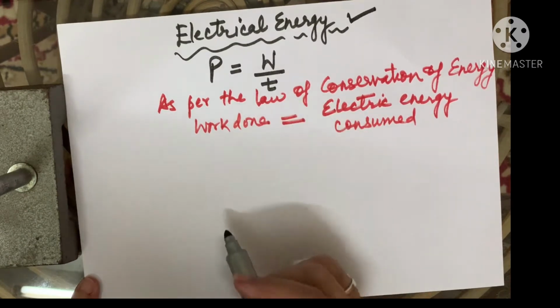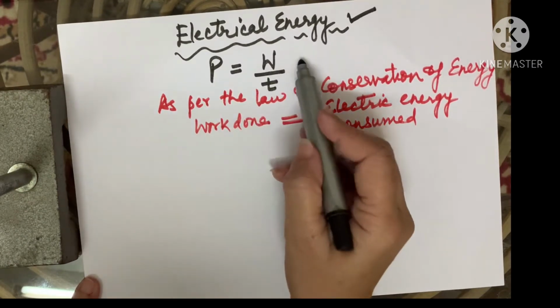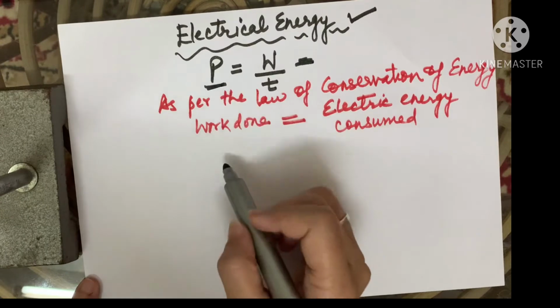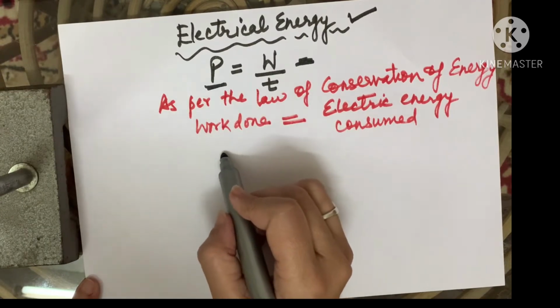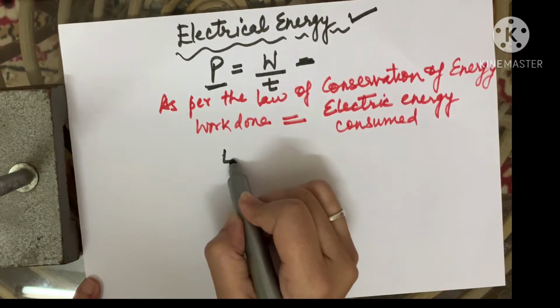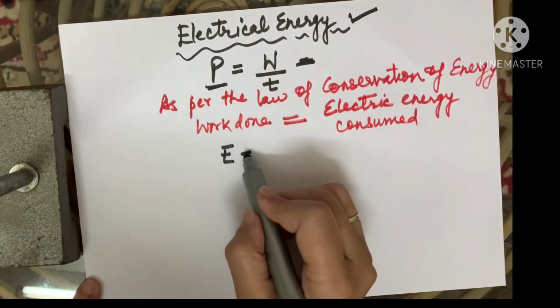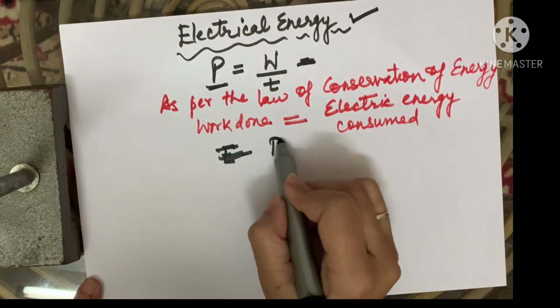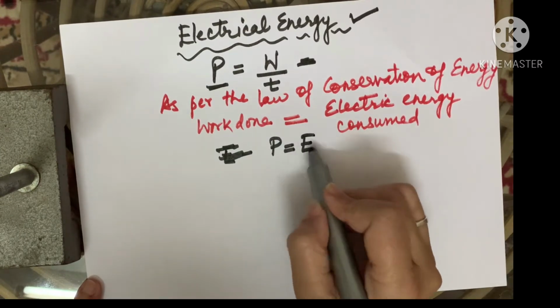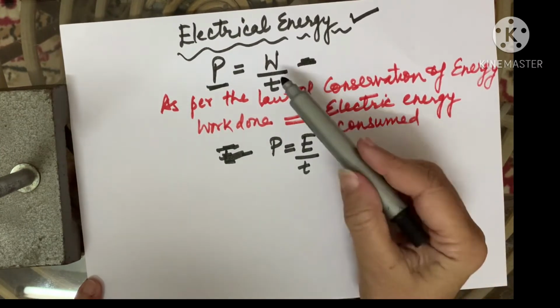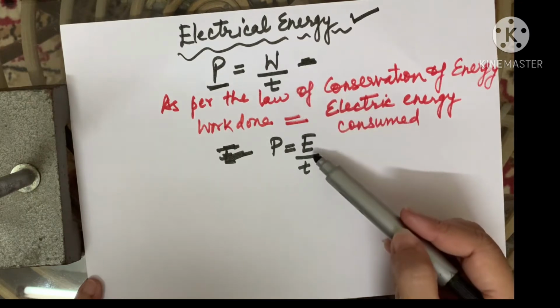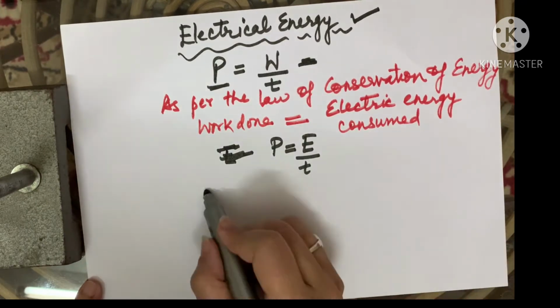So we can also write the above relation as power is equal to E upon T, where electrical energy E replaces work.